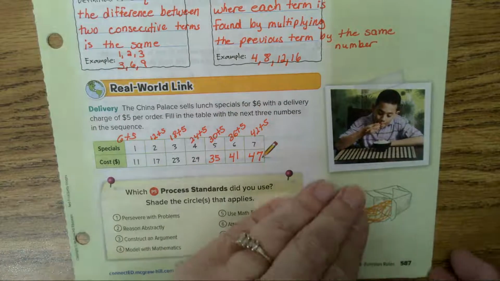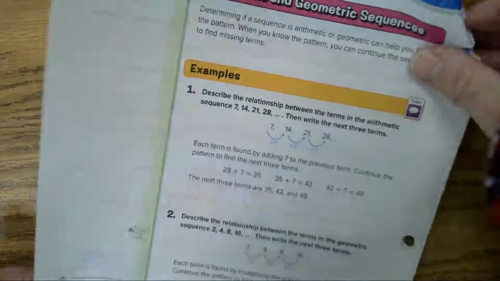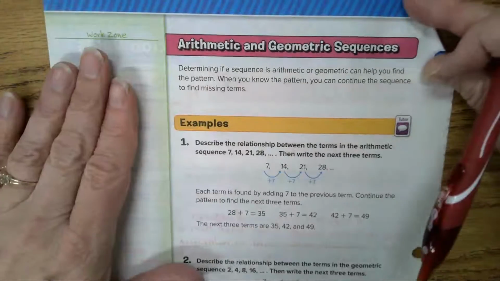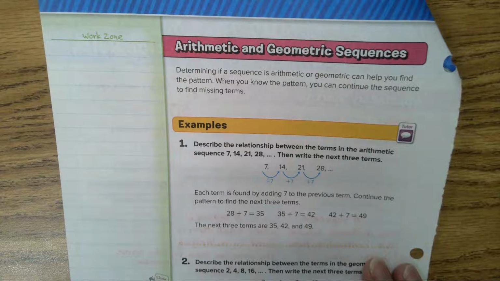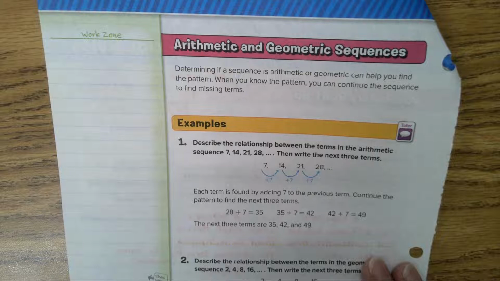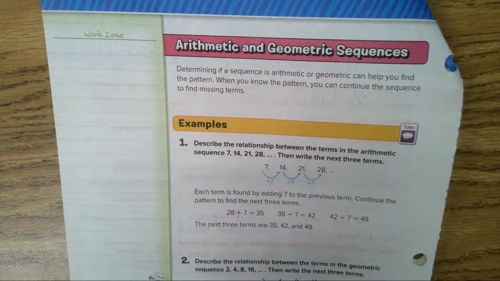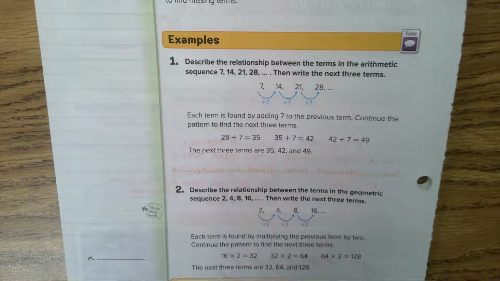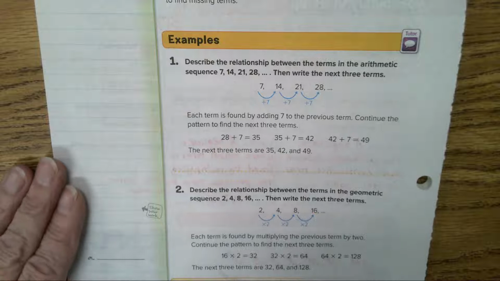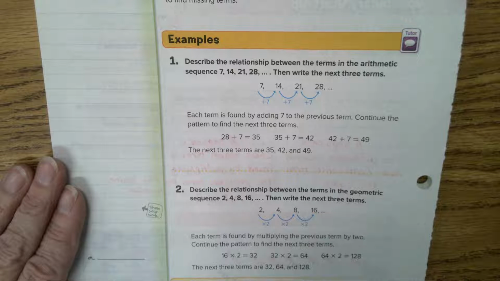Okay, let's go to page 588. Arithmetic and geometric sequences. Determining if a sequence is arithmetic or geometric can help you find the pattern. When you know the pattern, you can continue the sequence to find missing terms. All right, so let's look at example number 1. Describe the relationship between the terms in the arithmetic sequence.